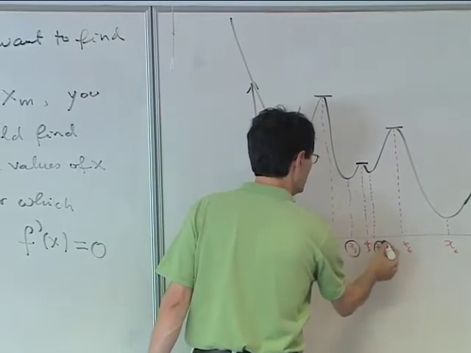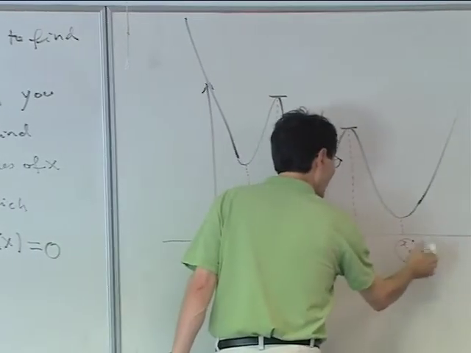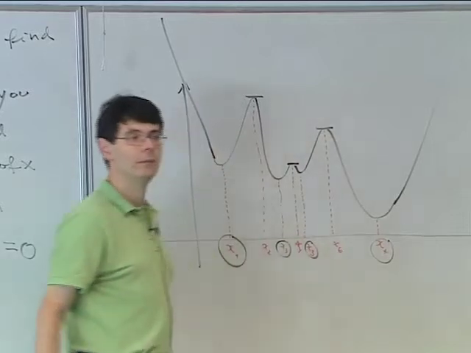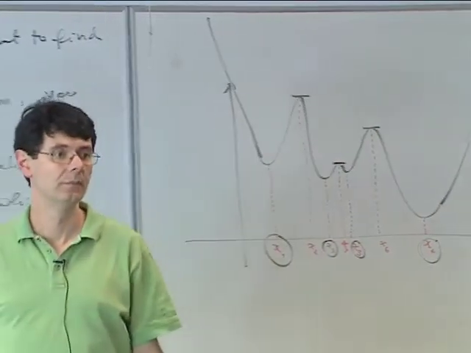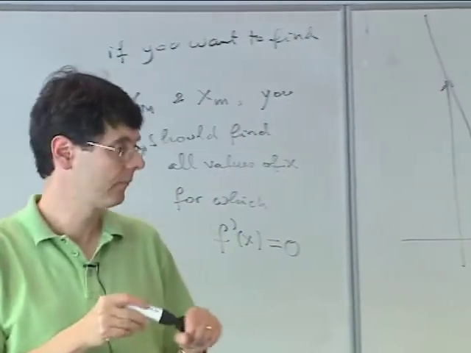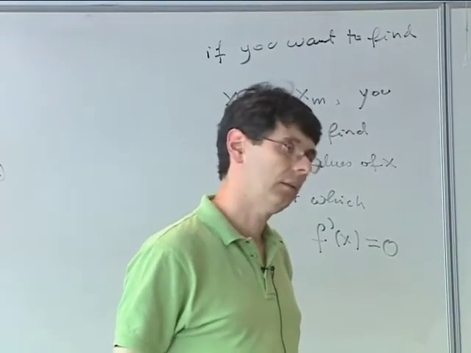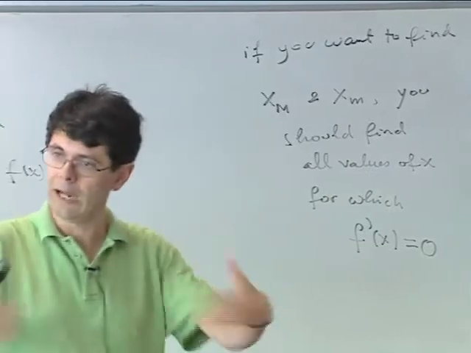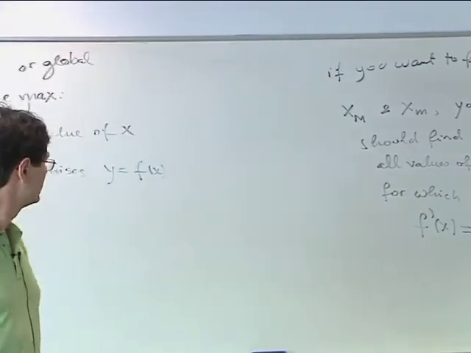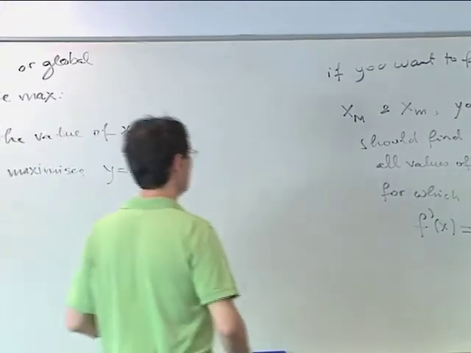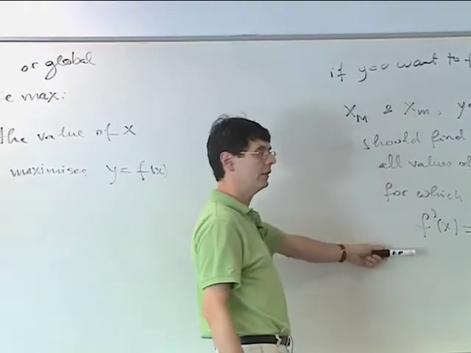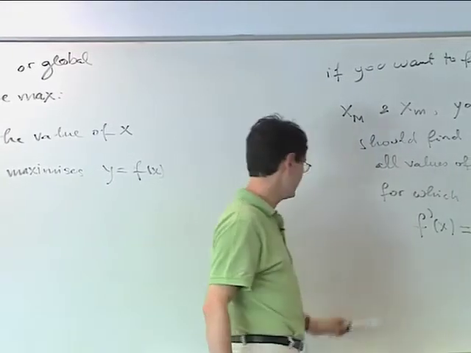This is a local minimum. This is a local and global minimum. Okay? So with that little bit of nomenclature out of the way, these are going to be found by taking a derivative and equating to 0. So let's do an example.